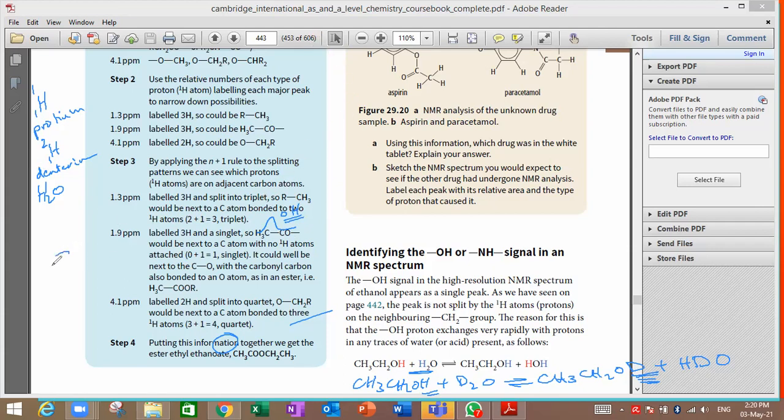Carbon 12 has 6 protons and 6 neutrons, and carbon 13 has 6 protons and 7 neutrons. So 6 protons pair with 6 neutrons, and we are left with 1 neutron that can absorb in the NMR spectrum, isn't it?